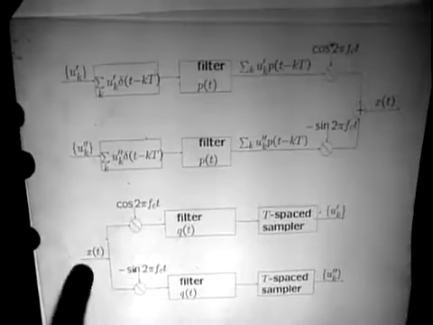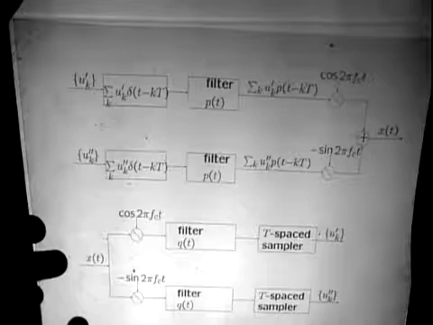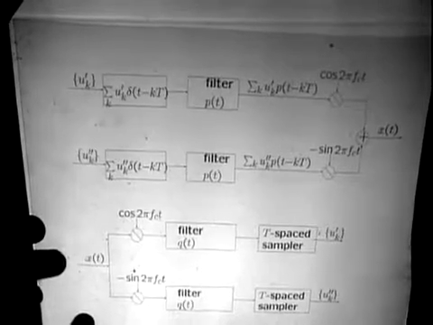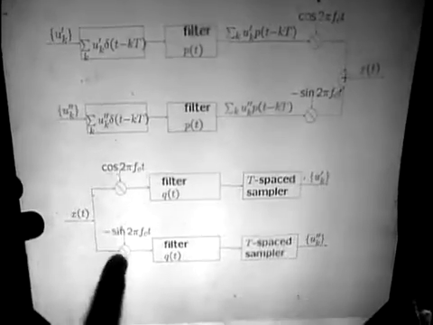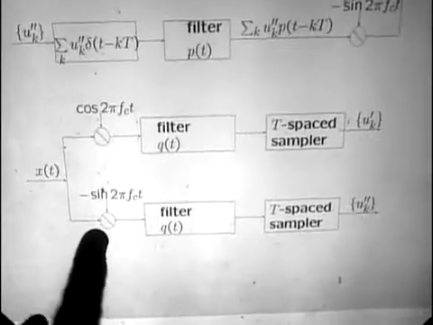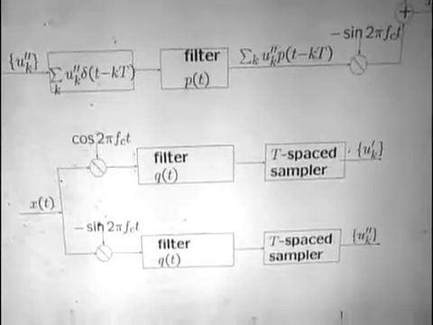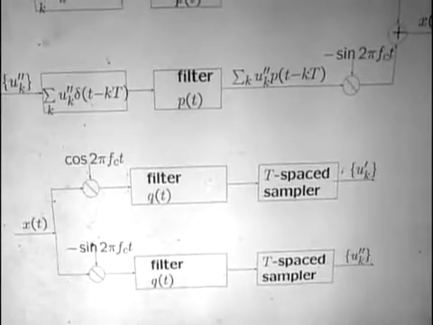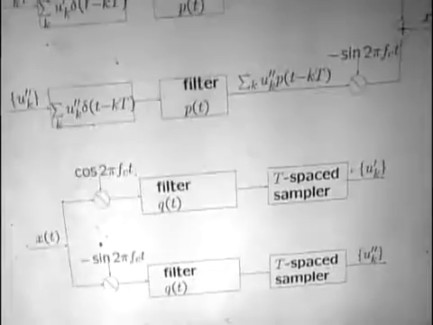When we take x of t, and we try to go through a demodulator, the thing we're going to do is to multiply again by the cosine, multiply again by the sine. Incidentally, this is minus sine and minus sine here. When you implement it, you can use plus sine or minus sine, whichever you want to, so long as you use the same thing here and there.